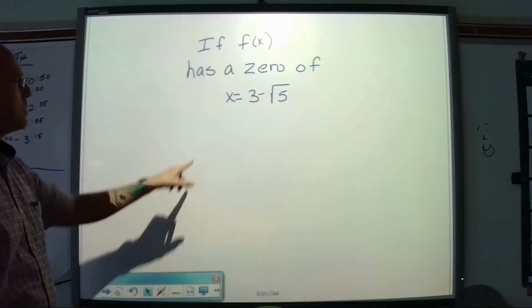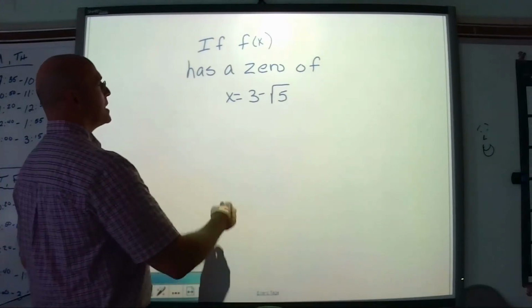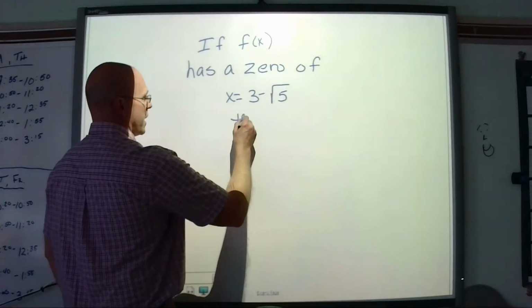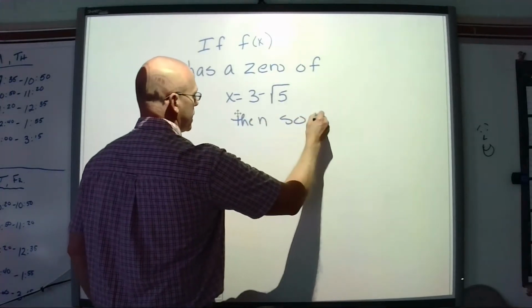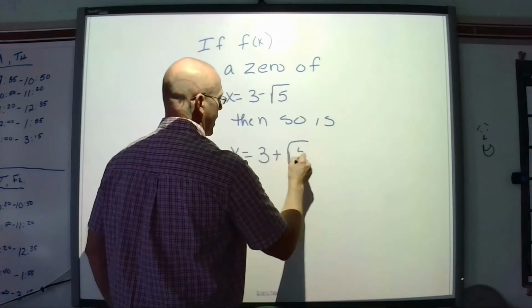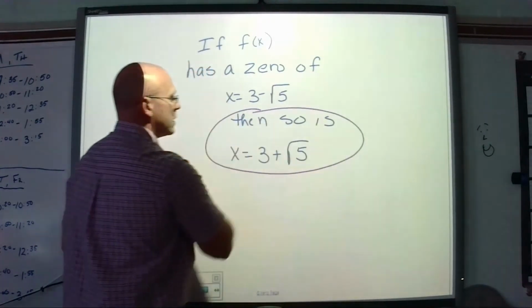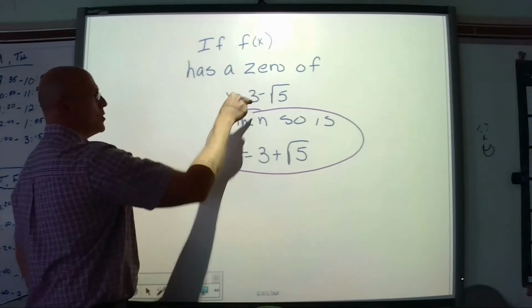So what do you think would be true? If 3 minus radical 5 is an answer, guess what? Then so is x equals 3 plus radical 5. Look at this. If this is true, so is this.